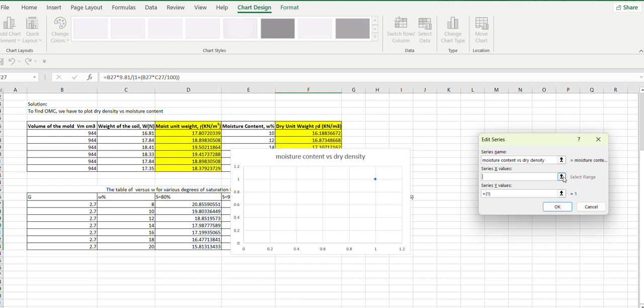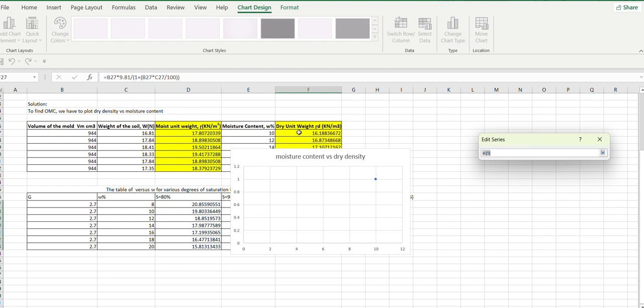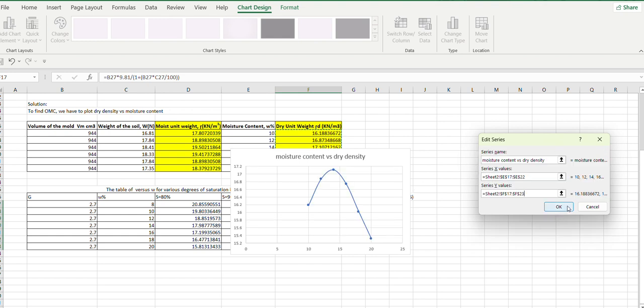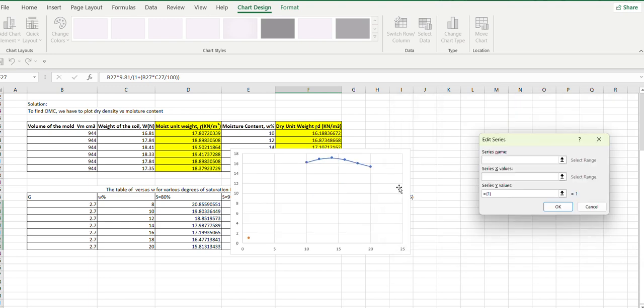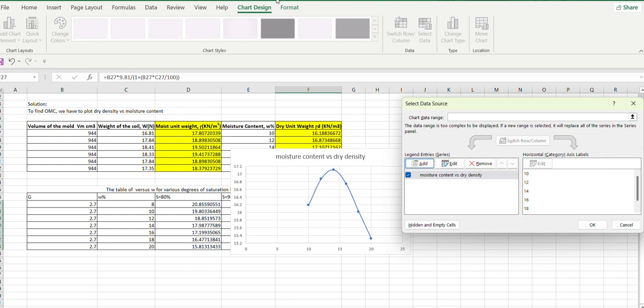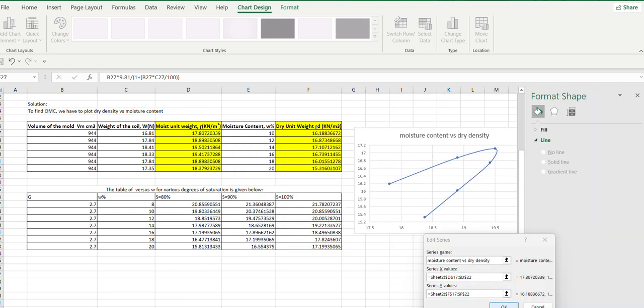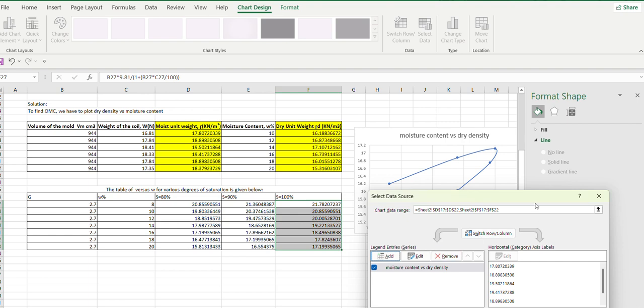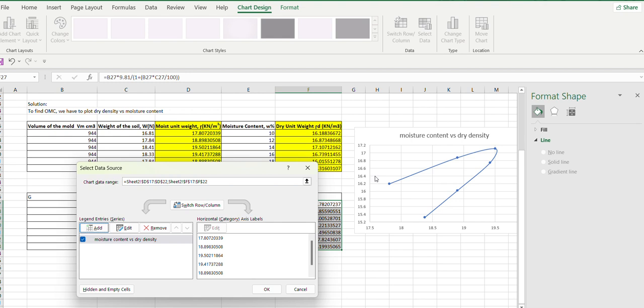In the x-axis we're going to plot the moisture content, in the y it's going to be dry density. Okay, add. So we get this kind of value here.